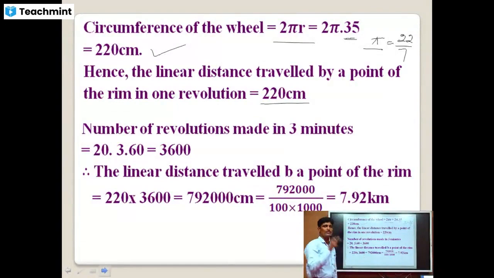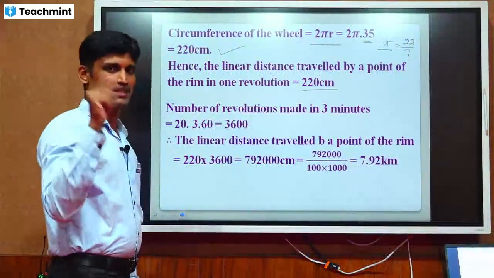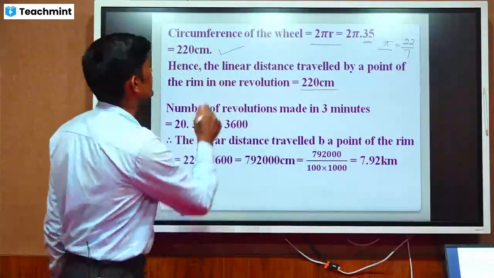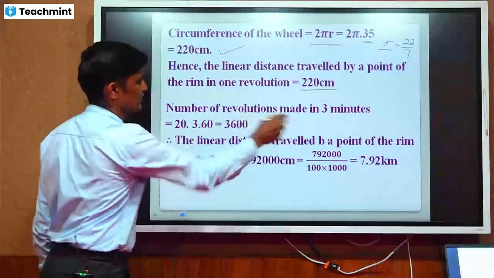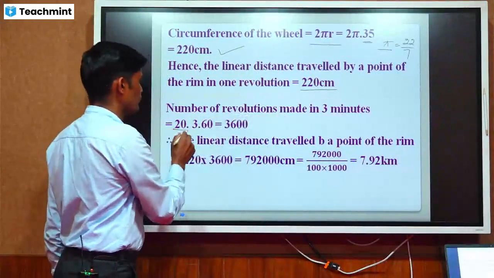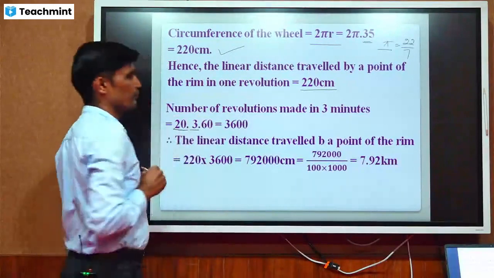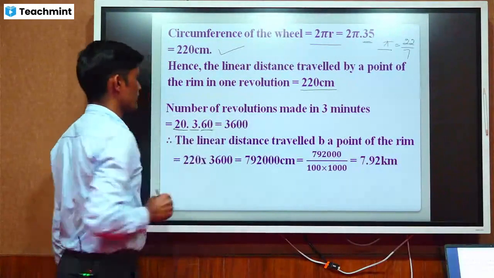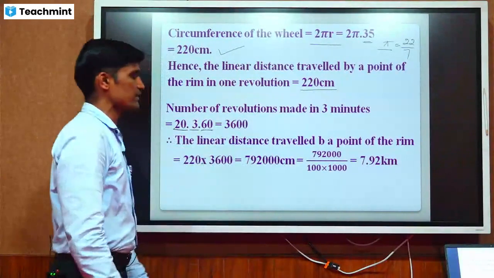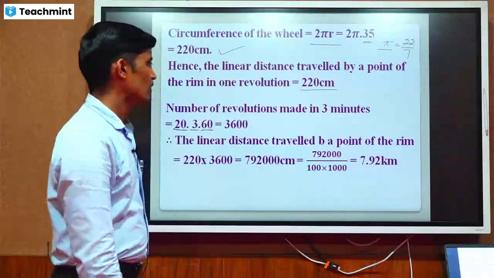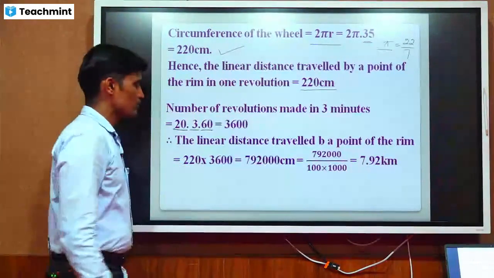Number of revolutions in 3 minutes, because 1 minute is equal to 60 seconds. Therefore, the linear distance traveled by a point of the rim is equal to 220 into 3600.